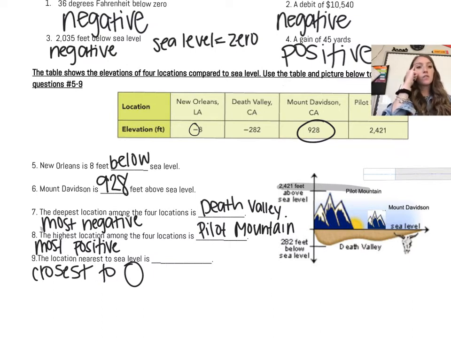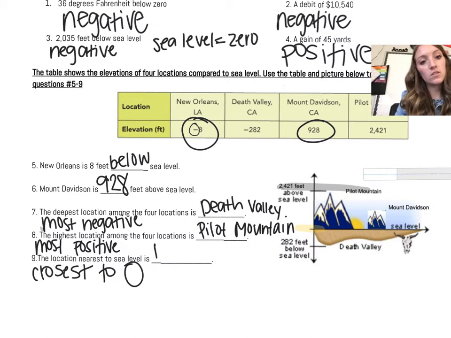If I picture my vertical number line, or use this picture here off to the side to help us out, what's the closest here? I can see that my location that's closest to 0 is New Orleans. That's the closest to sea level.